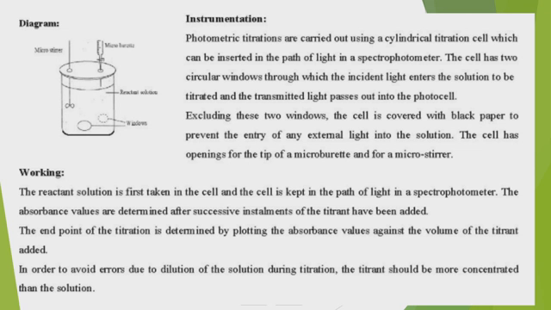This type of cell has two circular windows through which the incident light enters the solution to be titrated, and the transmitted light passes out into the photocell.